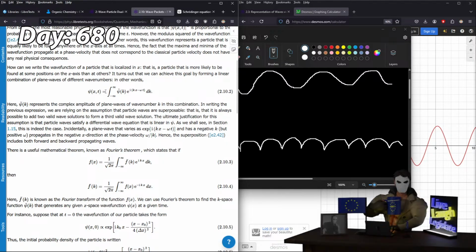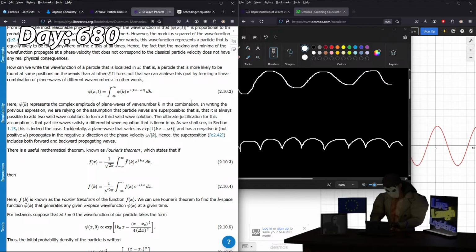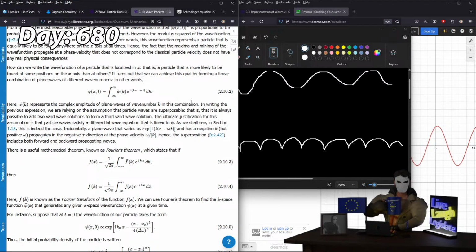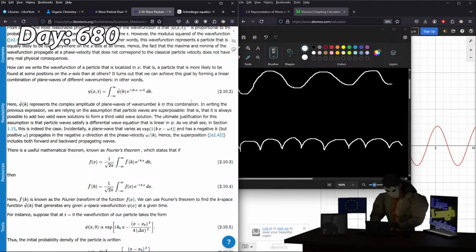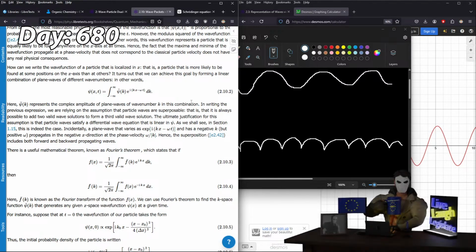Because this right here, so far, is just a cosine at the end of the day. You get a constant. Oh. And what does this constant mean? Get a vector.